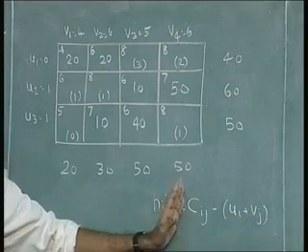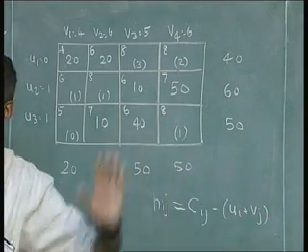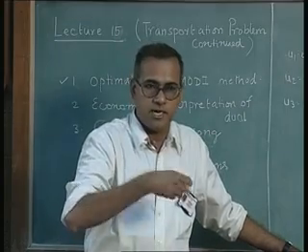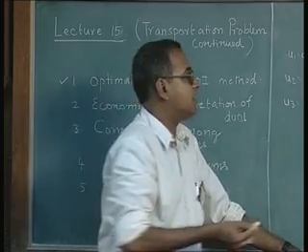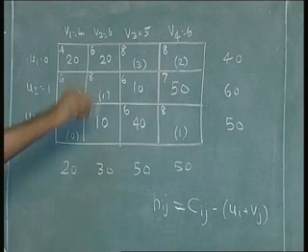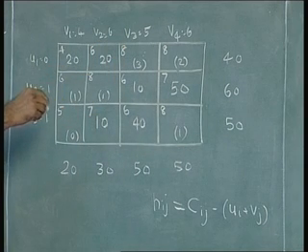So when Cij minus (ui plus vj) is negative, it means it is profitable to enter this into the basis, if we look at it from the MODI point of view, or it is profitable to put something here and then adjust the allocations as we do in the stepping stone method.